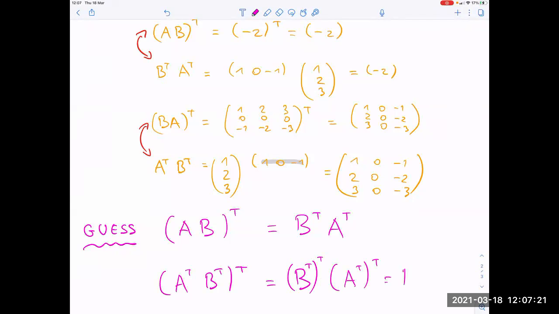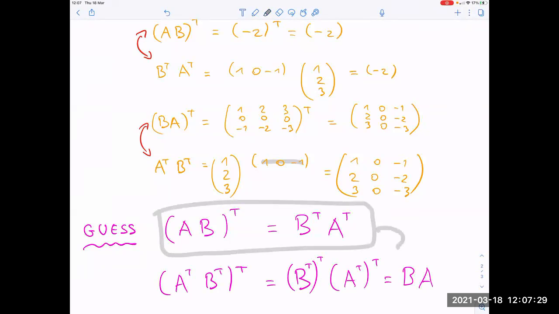It leaves the BA. So what is important is to see if this is true, because this, for example, would imply what is downstairs.